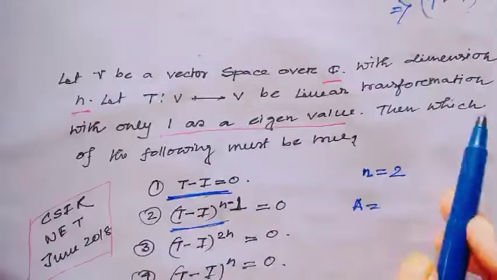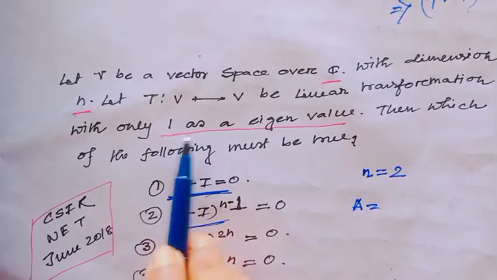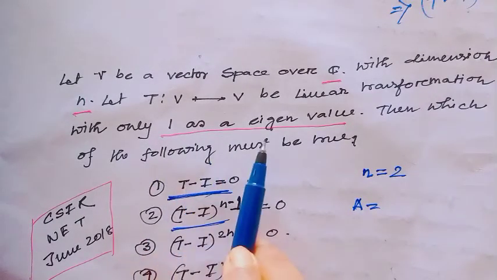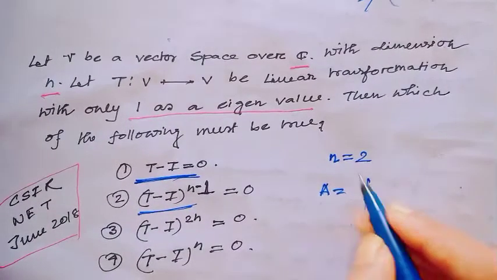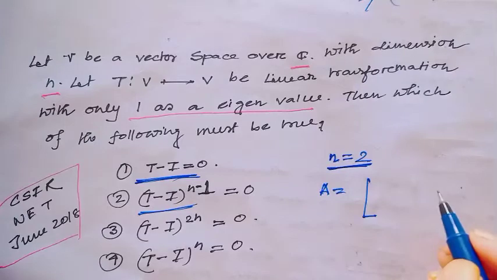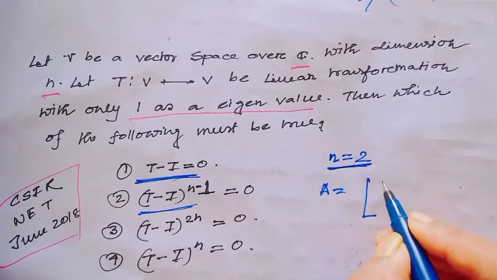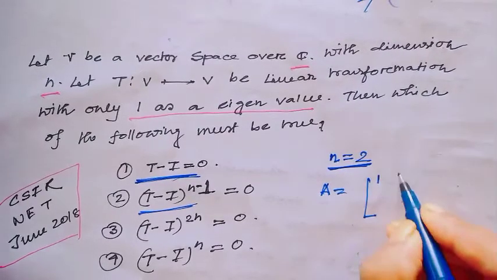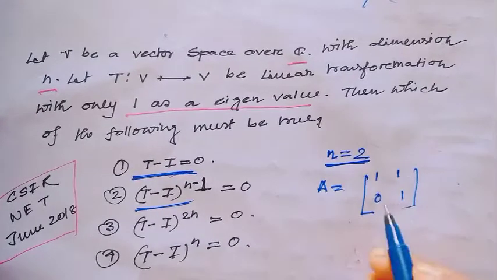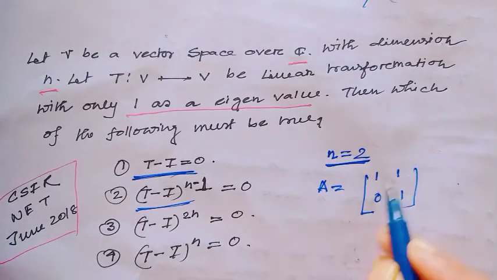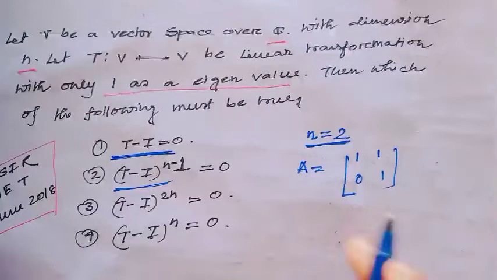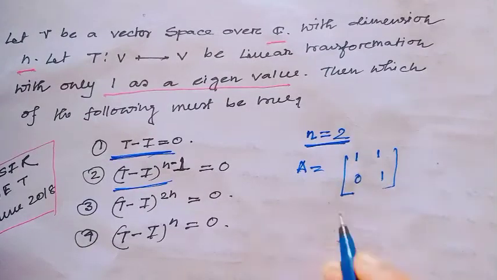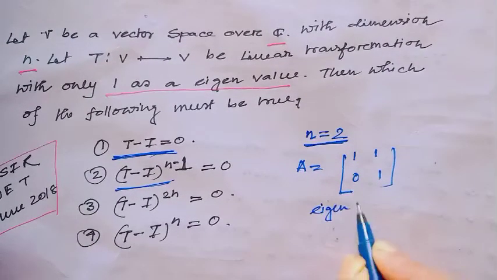Since the question indicates that this linear transformation has only one eigenvalue, consider the 2 cross 2 matrix with rows 1 1 and 0 1. Since this is an upper triangular matrix, we all know that for an upper triangular matrix the eigenvalues are the diagonal elements. So obviously for this matrix the only eigenvalue is 1.